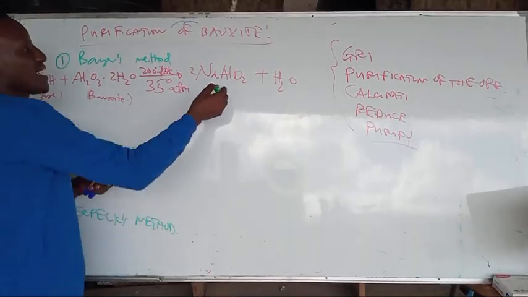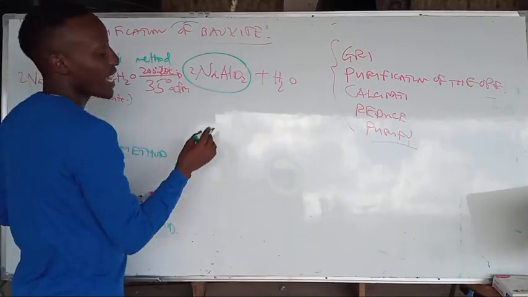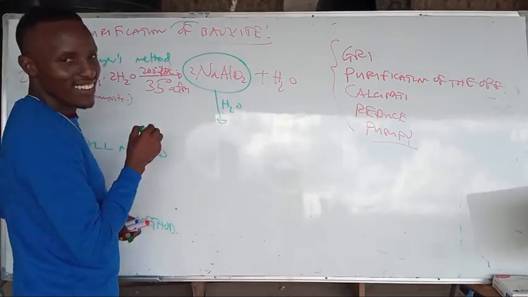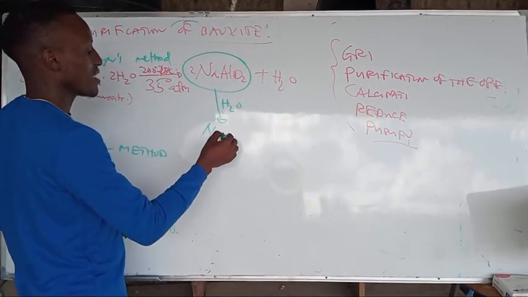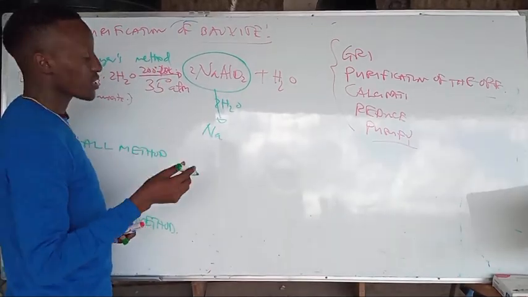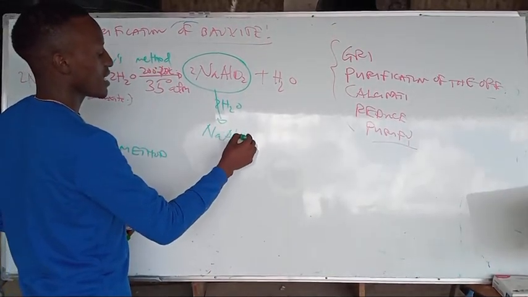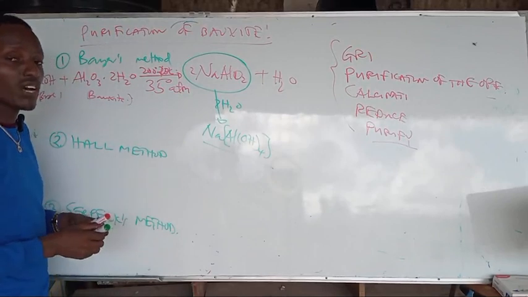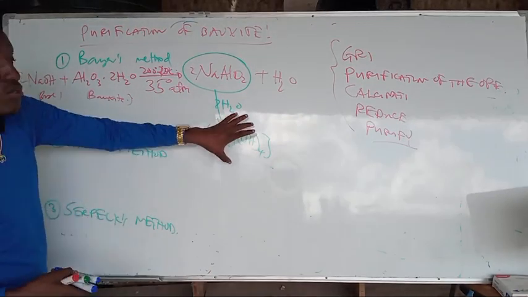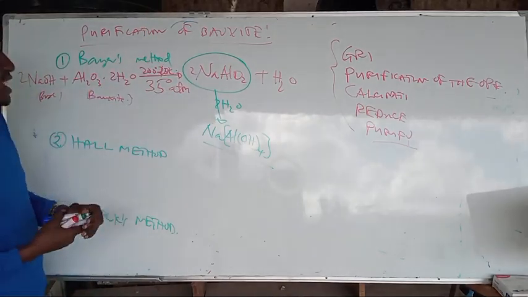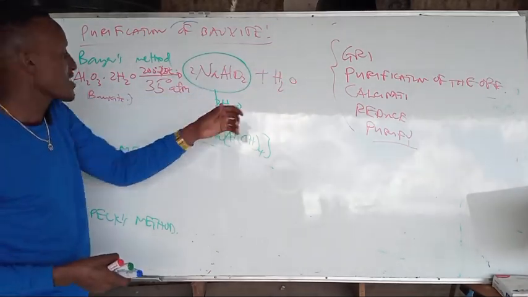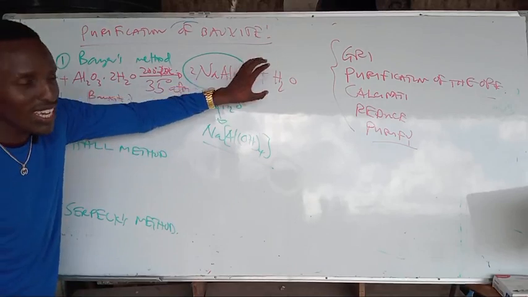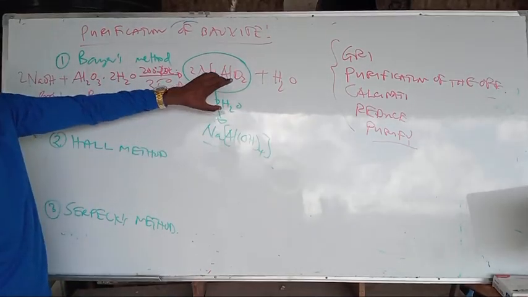This aluminate, when added with 2 molecules of water, forms the complex sodium aluminate. This is the complex of sodium aluminate when added with water. For other books, it's just written this way instead of adding water. It's the same thing.